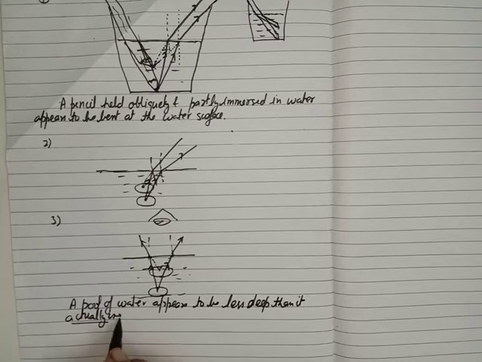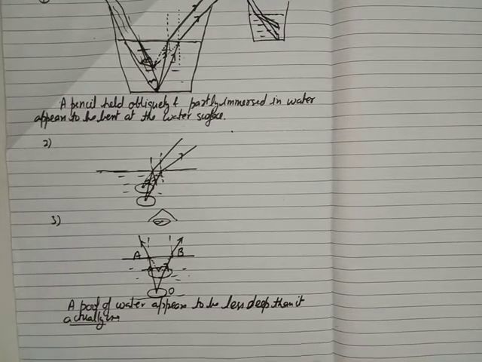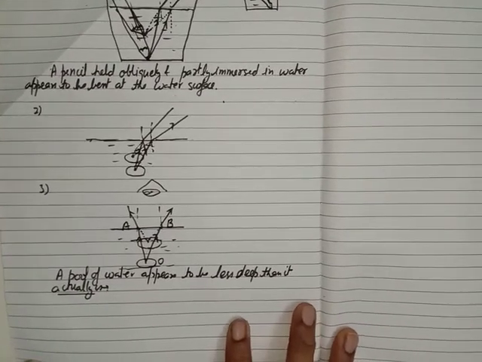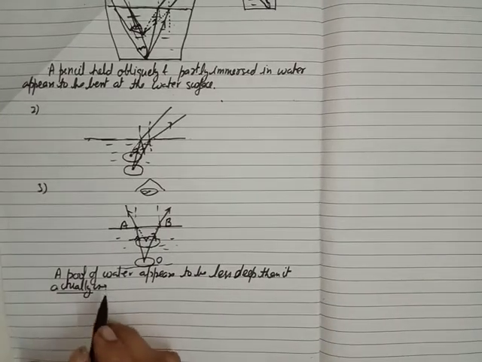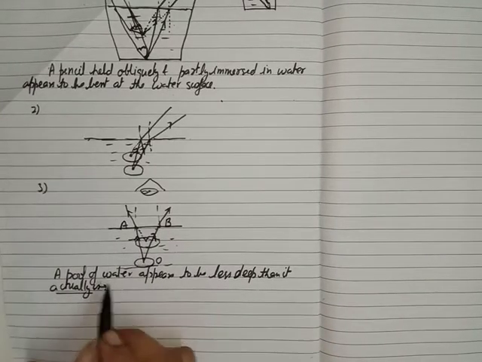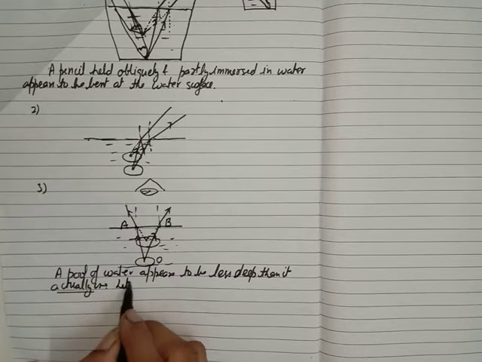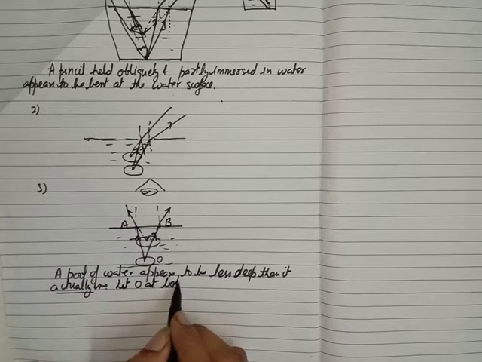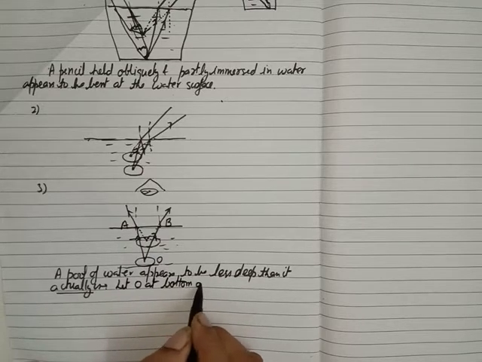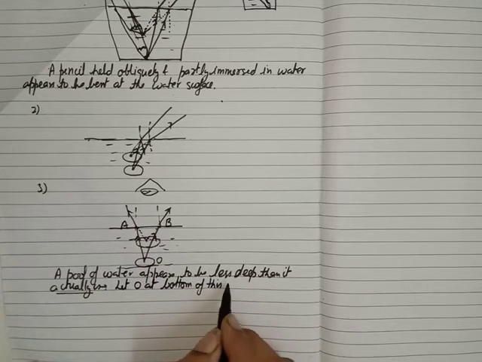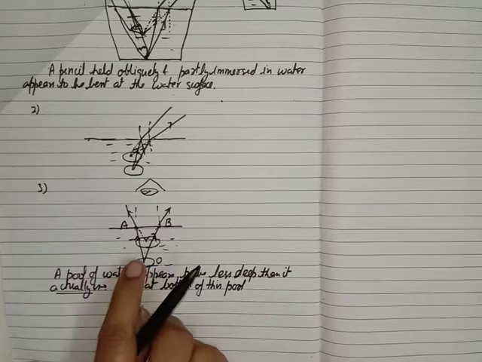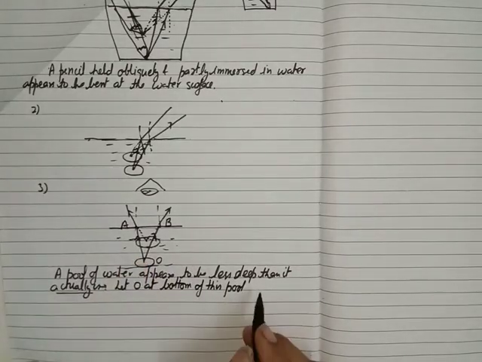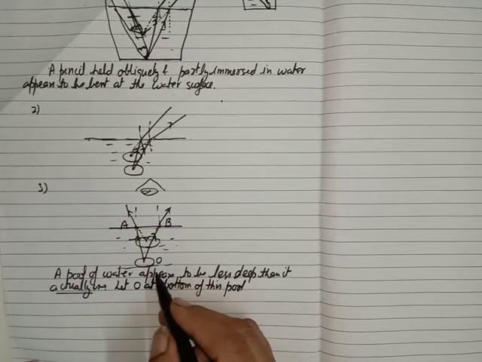Okay, now the explanation. For the explanation, right here, let us take a point O. Let O be at the bottom of this pool, which is under the surface of the water.